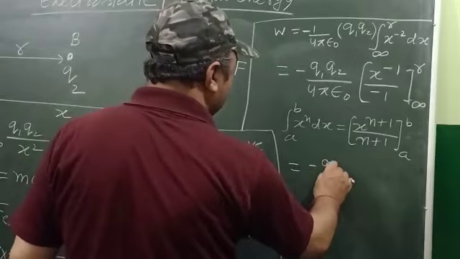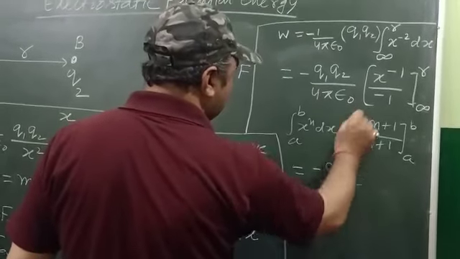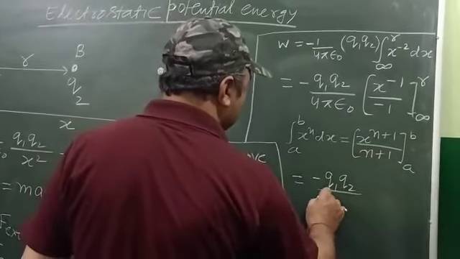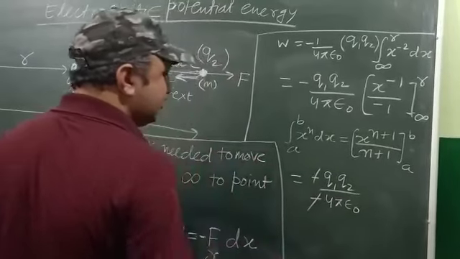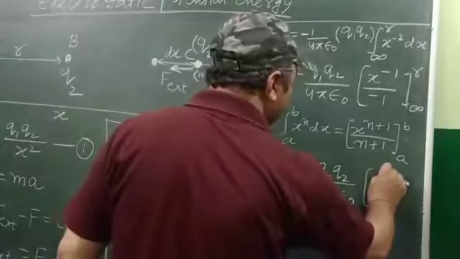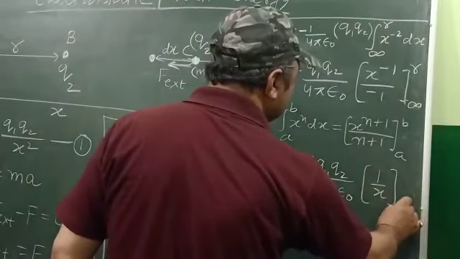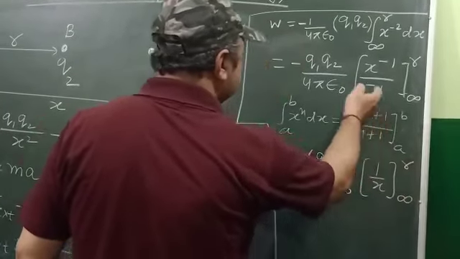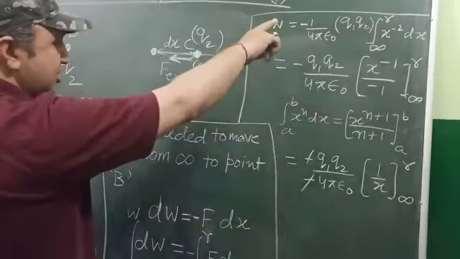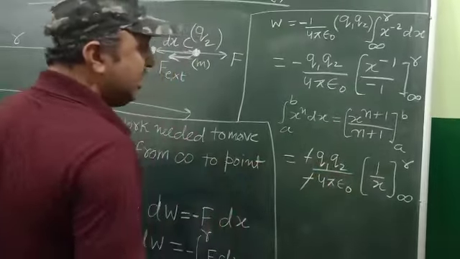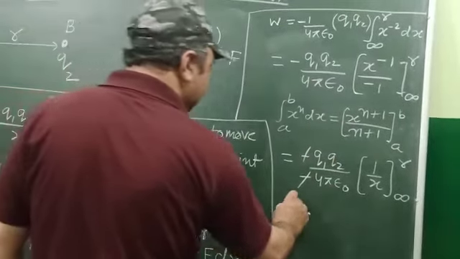So it would become minus q1 q2 and that minus 1 is also taken out, minus 4 pi epsilon naught, and these two terms cancel out again. So I am left with 1 upon x, infinity to r. This minus is taken out, so this minus and this minus cancel out. X to the power minus 1 can be written as 1 upon x, and infinity to r.